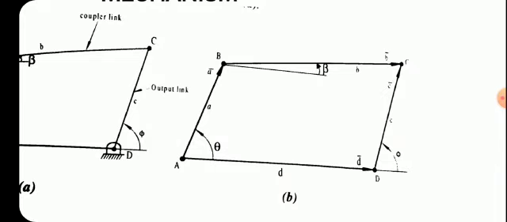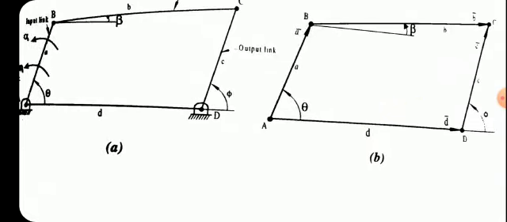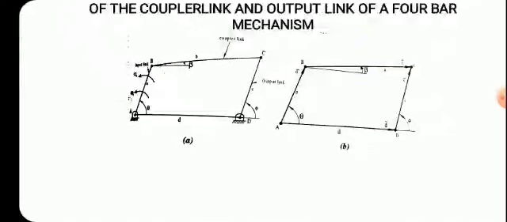Theta and phi, and beta is the inclination. Also see AB, BC, CD and DA: these are the different position vectors of A, B, C, D. We can see the input link, coupler link and the output link.